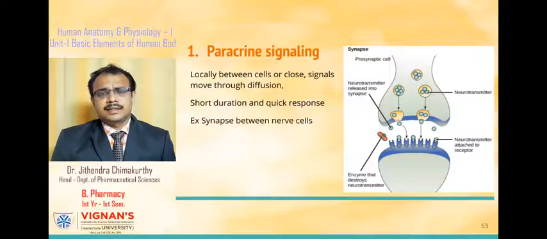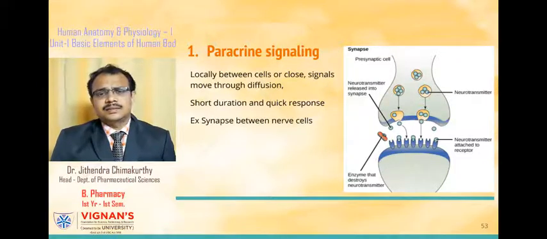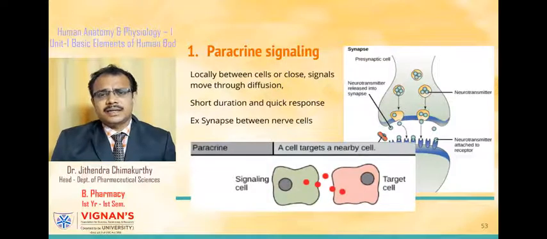Paracrine signaling occurs in cells which are very close to each other, and this transmission of signals or chemical messengers occurs through diffusion. This sort of signaling produces a response in a very short time, which is very quick and exists for a very short duration.